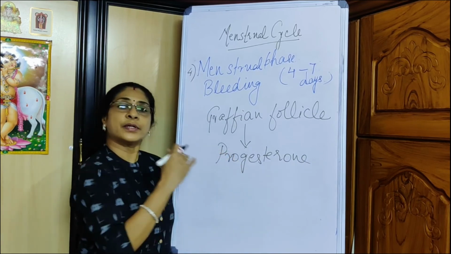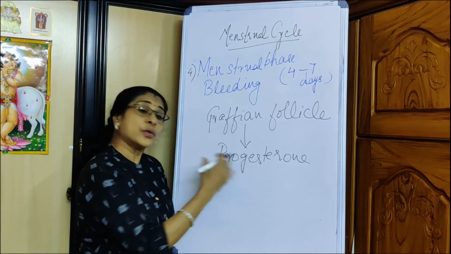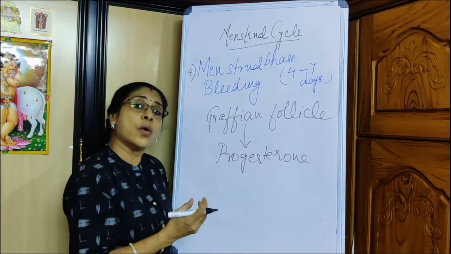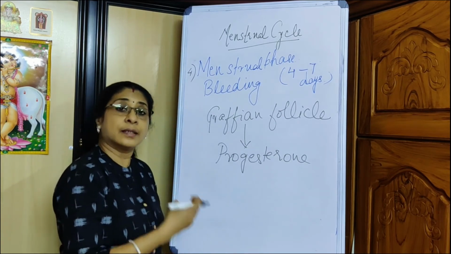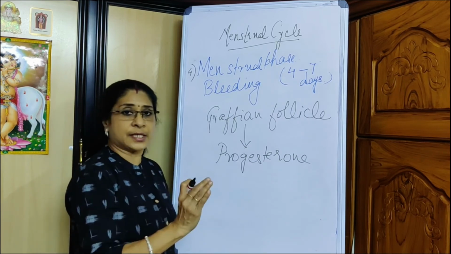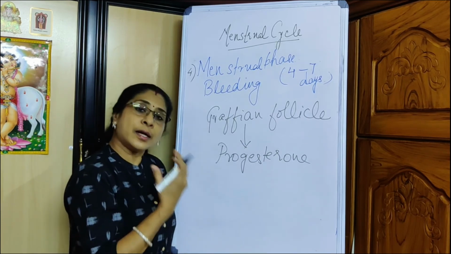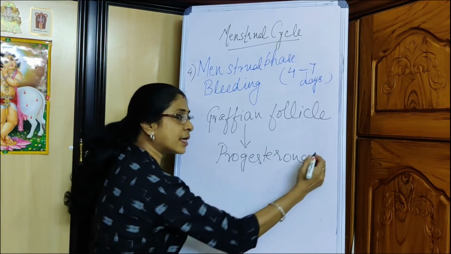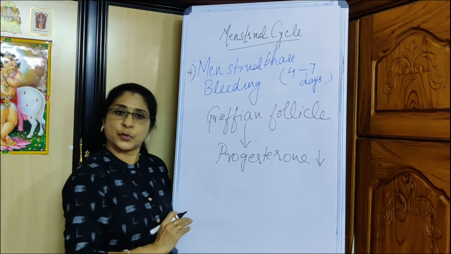So progesterone production decreases. And when progesterone production decreases, the endometrial wall which had thickened earlier cannot be maintained, and the blood vessels which were already repaired cannot be maintained in the absence of progesterone.